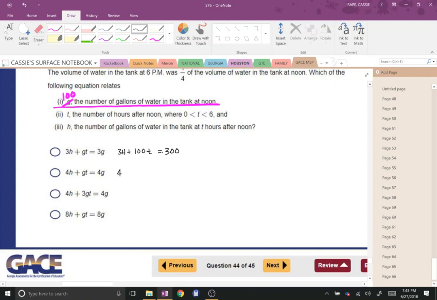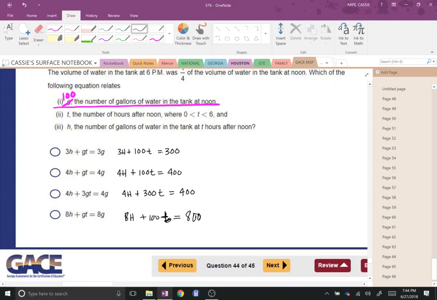Here, if I knew G, 4H plus 100T is equal to 400. And here, 4H plus 3 times G would be 300, T equals 400. And last, 8H plus 100T equals 800.